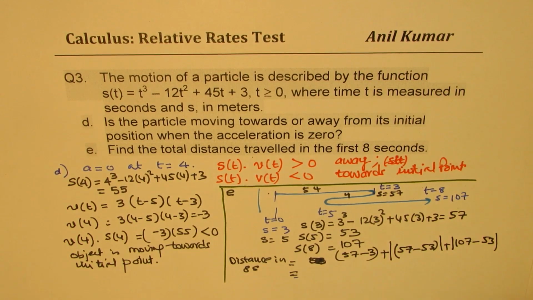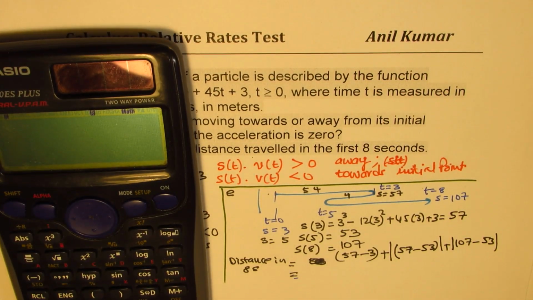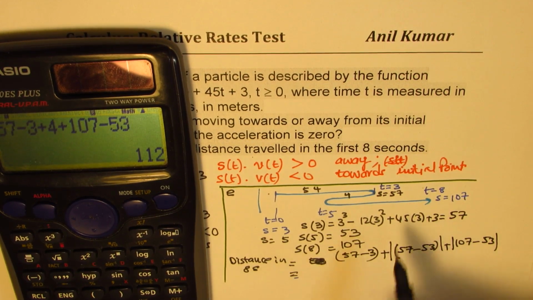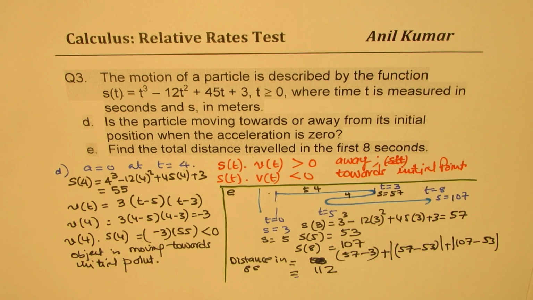So let's calculate this. We have 57 minus 3, plus, I'll take away from the bigger value, 4 plus 107 minus 53. That gives you 112 units. It is in meters. So the total distance covered is 112 meters.